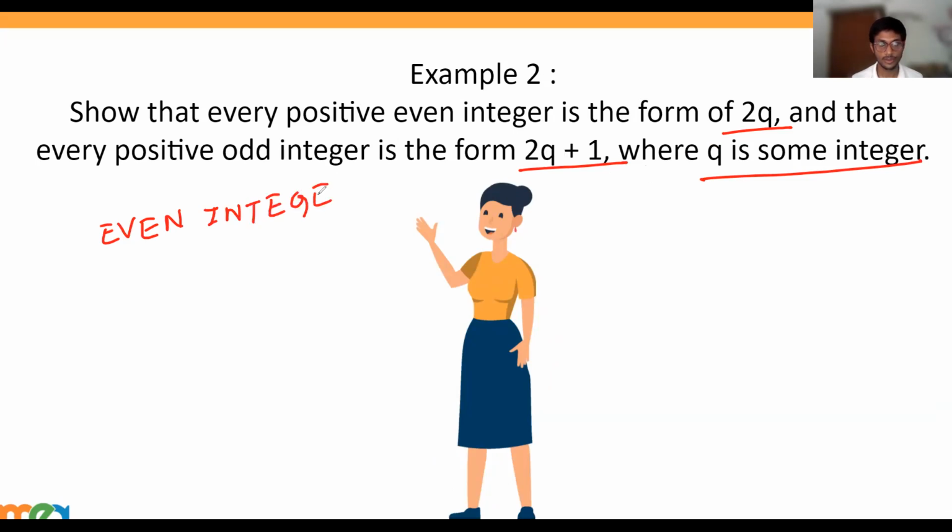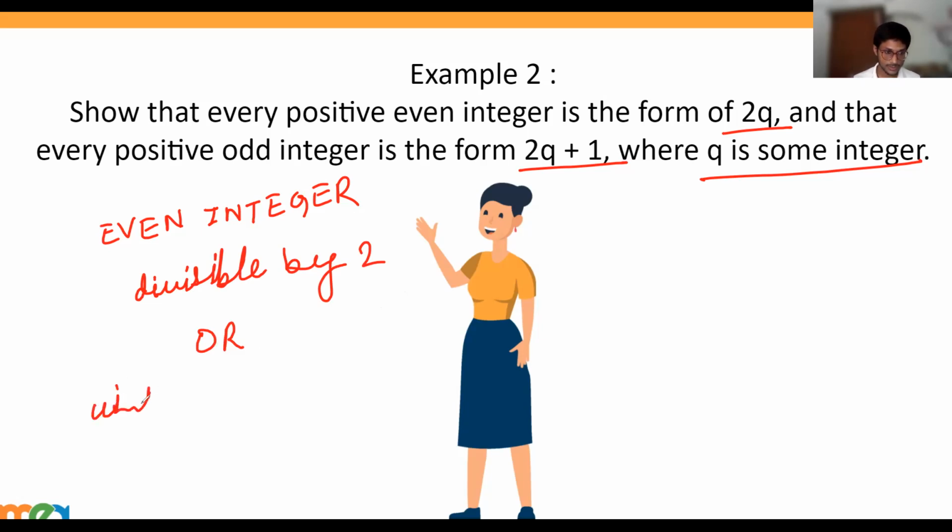An even integer is an integer which is divisible by 2, or we can say that it will end with these digits on its units place: 0, 2, 4, 6, and 8.